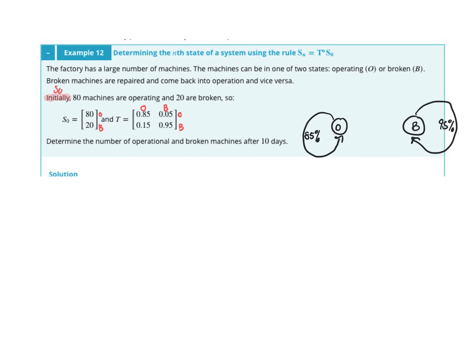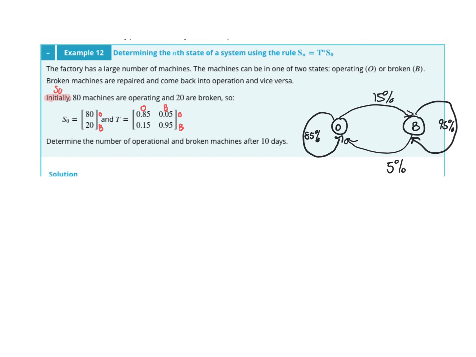And then you have these other things: operating today, broken the next day, 15%, broken today, operating the next day is 5%. So that's what they found, and then they created that transition matrix.